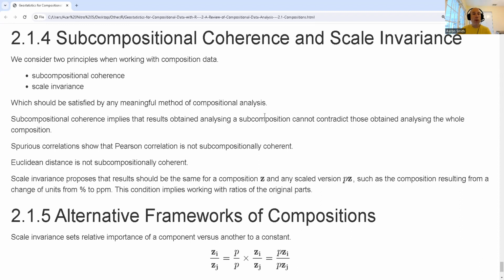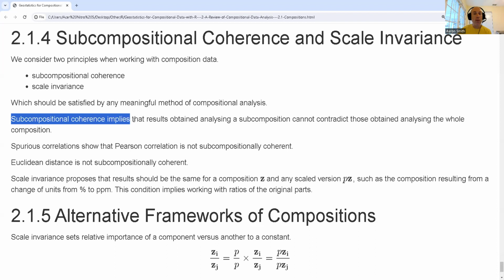All right, so what we want to do is use techniques in our analysis that adhere to two properties. First one is subcompositional coherence, and the second is scale invariance. We want both of these to be satisfied whenever we do compositional analysis.